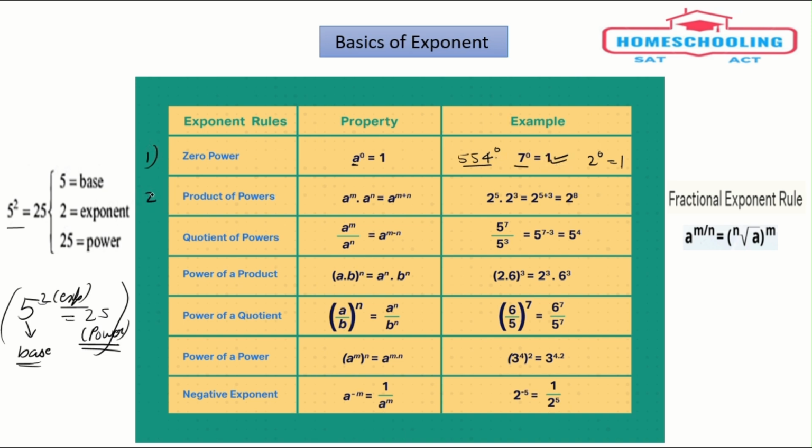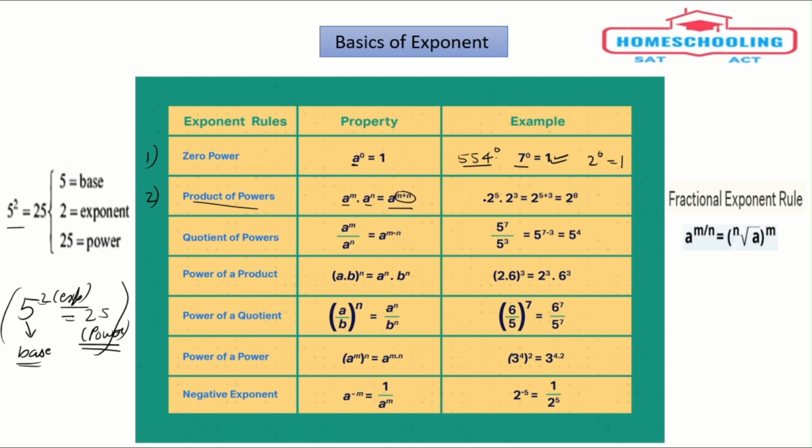Now moving to the next rule, the product of powers. As we can see here, the bases of these two numbers are the same and their exponents are different. So a with exponent m, and the same number a with a different exponent n. When we have this type, it is equal to a to the power m plus n.